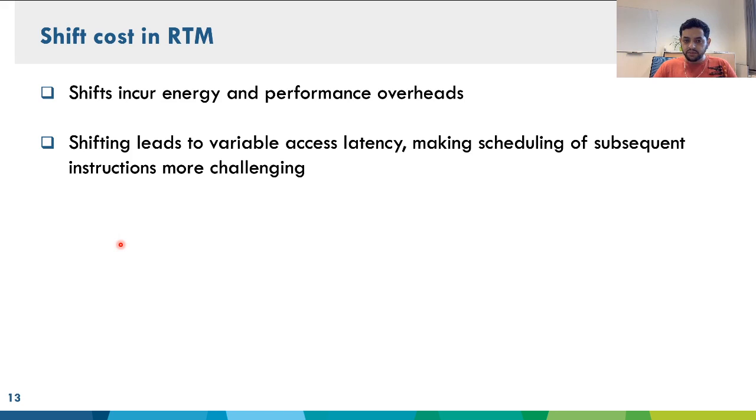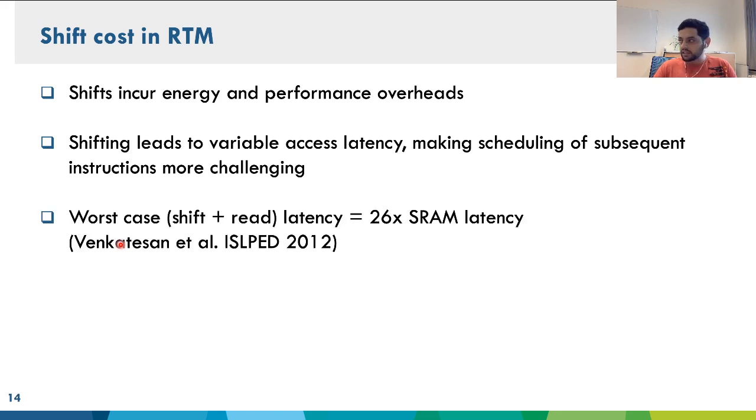If a data bit is stored far away from the access port, it will take longer latency compared to if it is stored closer to the access port, right? And this variable latency is also challenging because it makes scheduling of the subsequent instructions more difficult. That means design of the memory controller.